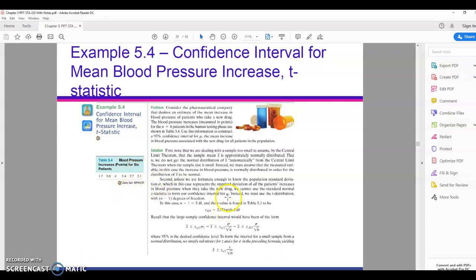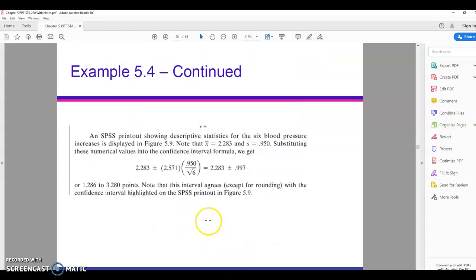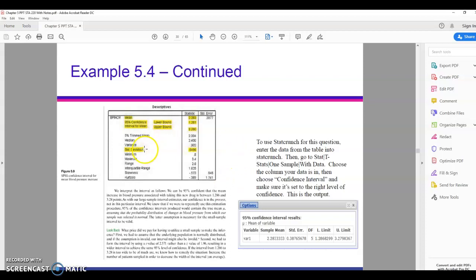They do show computing by hand, computing your confidence interval, your t-statistic, and then if you go a little bit farther in, I have added in Statcrunch steps for you on how you would go into Statcrunch, t-stat, one sample with data, enter the information in, and then it gives you your output.